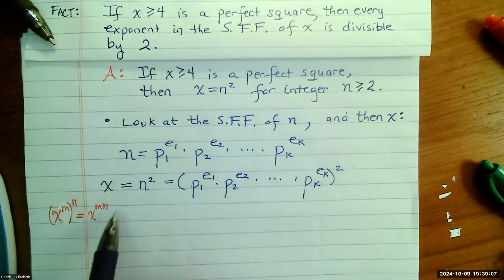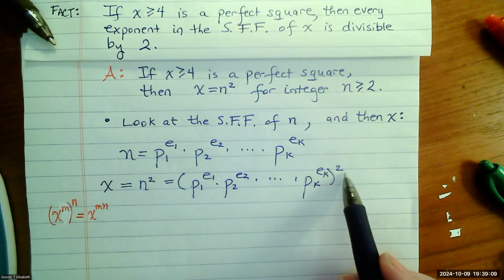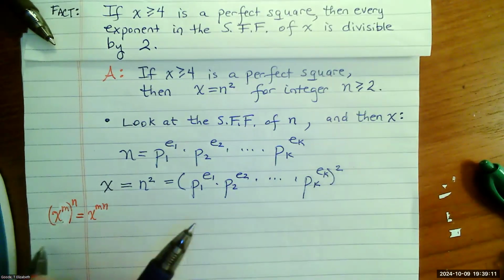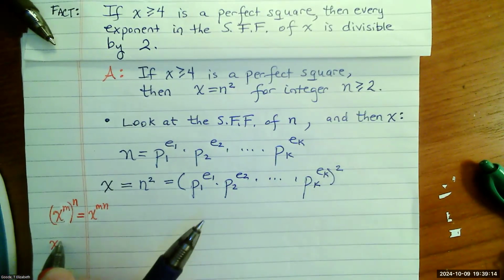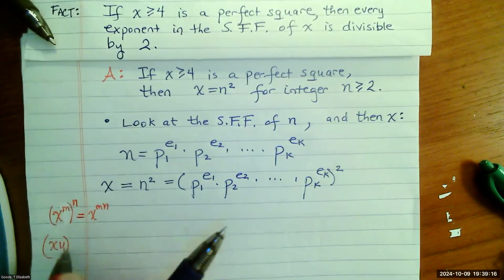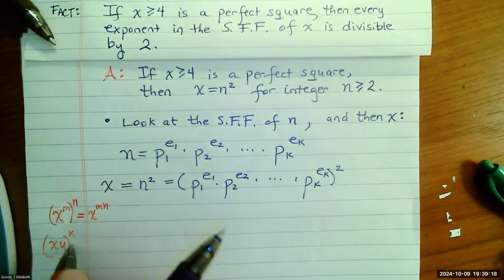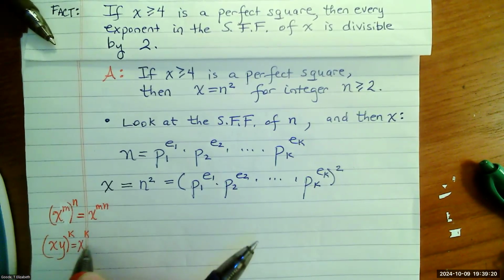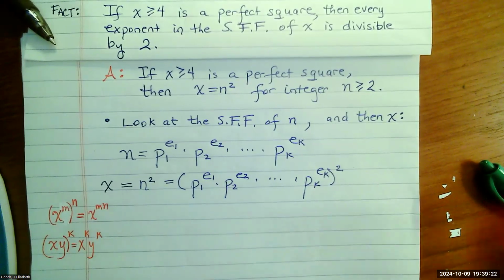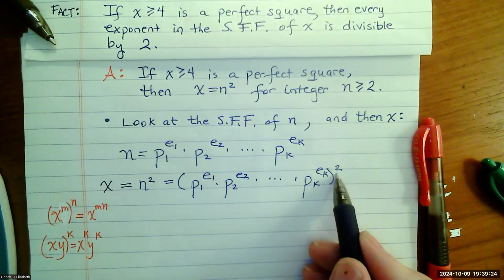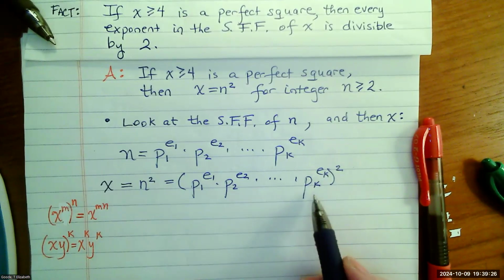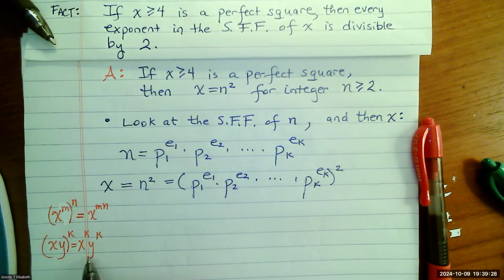So we're going to use that, but before we use that, we're going to use the fact that (xy) raised to the k is x to the k, y to the k. The fact that this exponent 2 can get distributed across these factors. We already used this earlier, right?